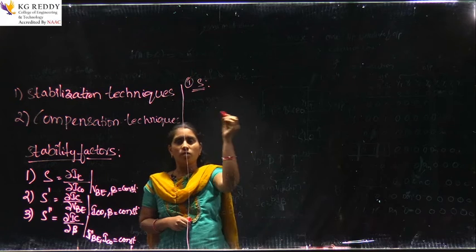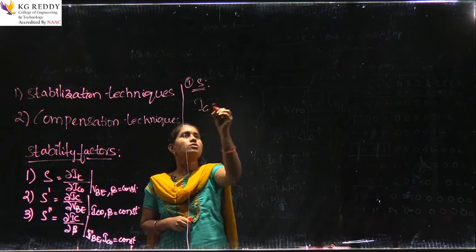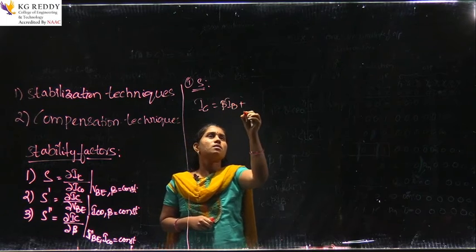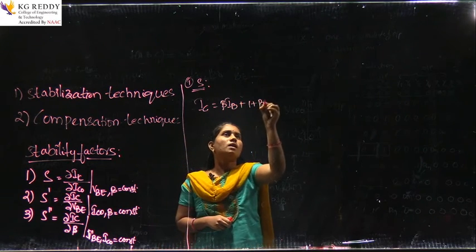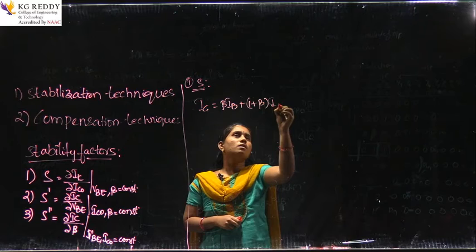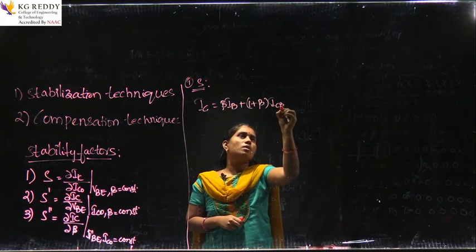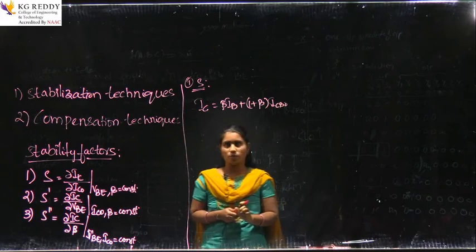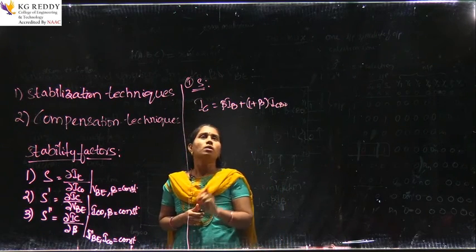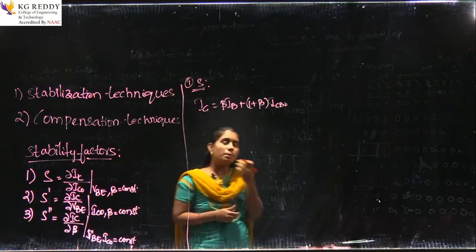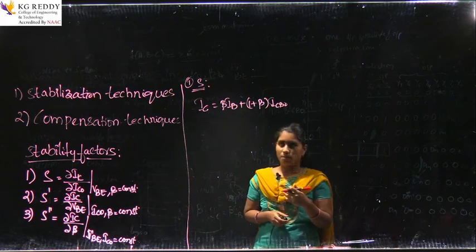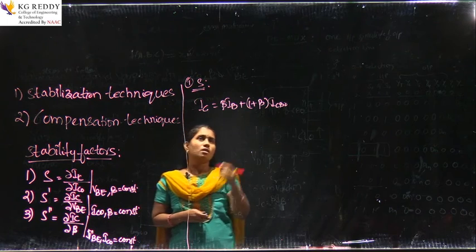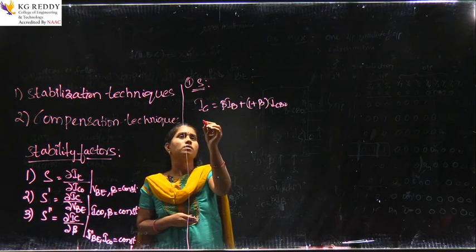Now, we know that the collector current is given by IC equals beta IB plus 1 plus beta ICBO. We have explained this in clear detail previously. So, IC equals beta IB plus 1 plus beta ICBO.